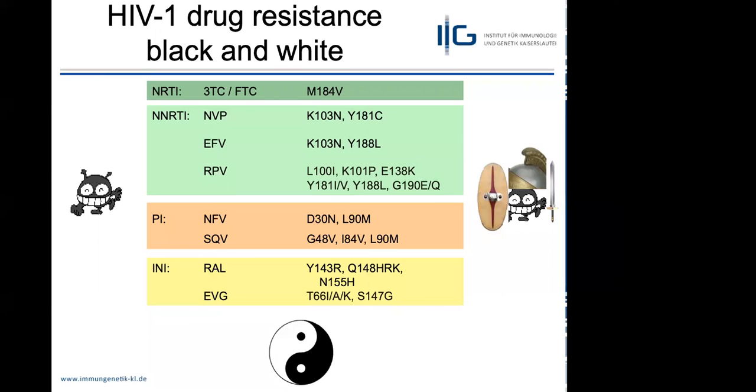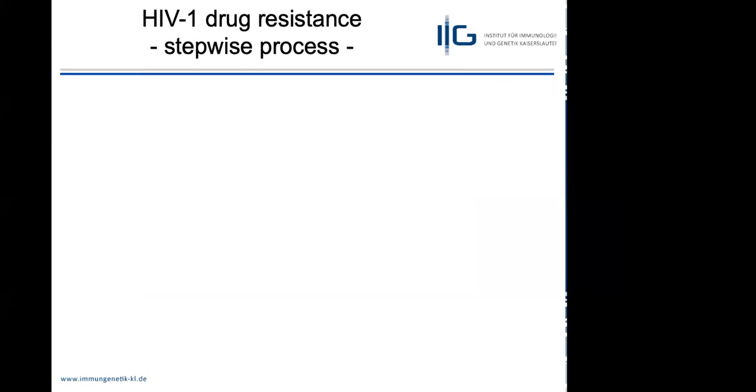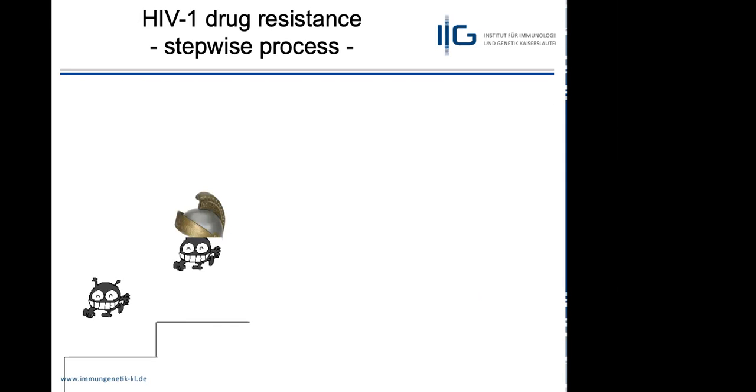So all these drugs are ineffective if we are detecting one of these mutations. But we do also have other drugs at hand. And for these drugs, it isn't about black or white. It is a stepwise process.